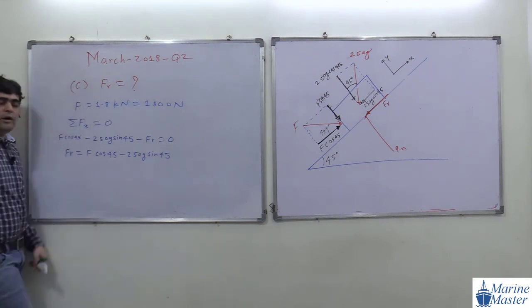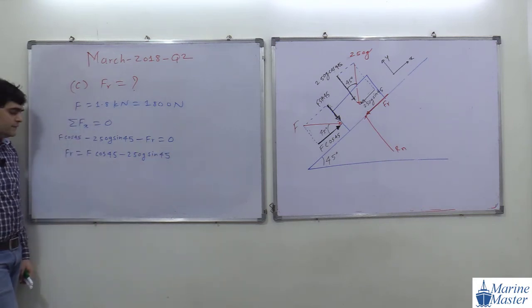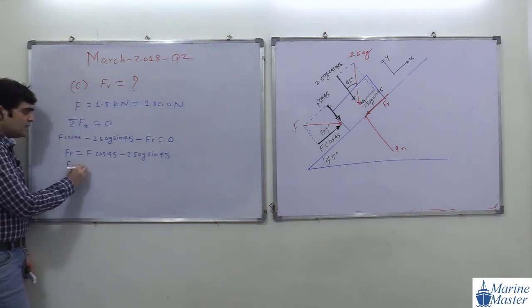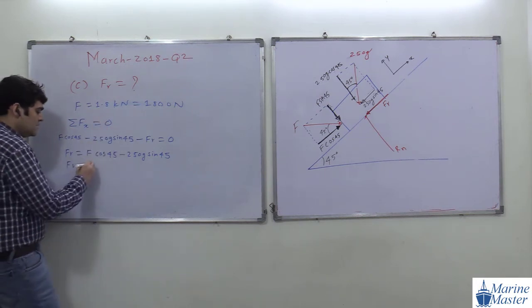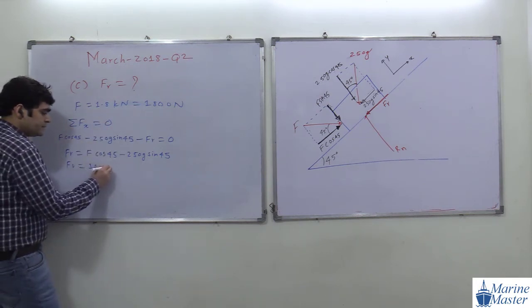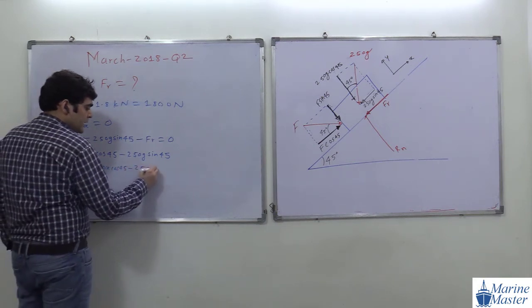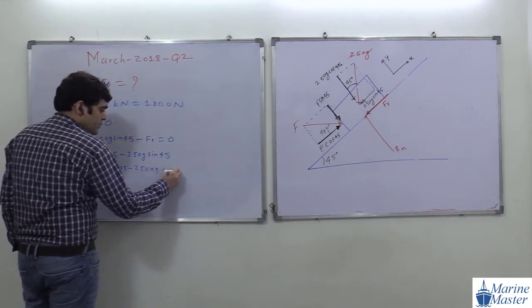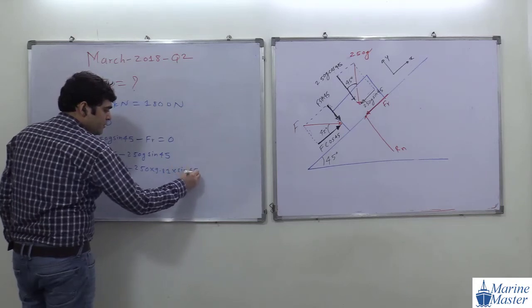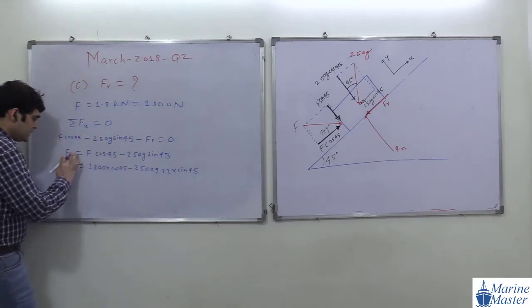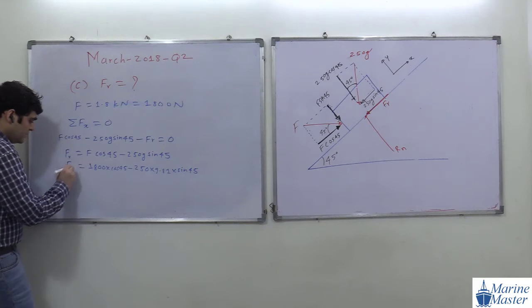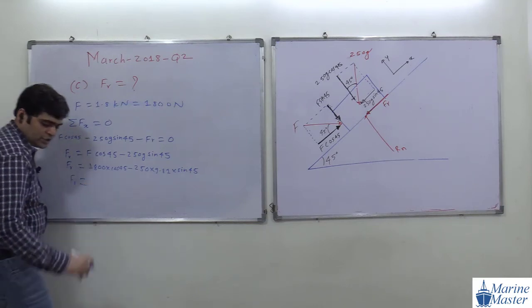Any doubt in this discussion guys? Everyone please check it. F, how much have they given us? 1800 cos of 45 minus 250 into 9.81 into sine of 45. Please everyone do the calculation.